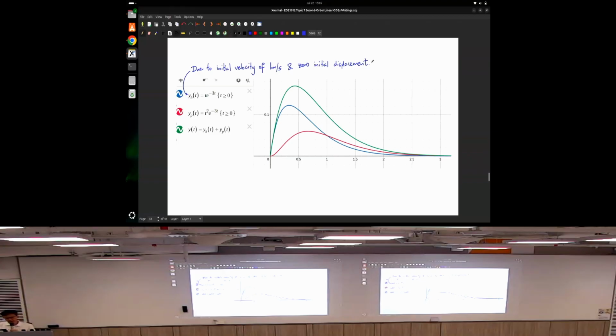So therefore, you can see that this expression must bounce out from 0 because you have 0 initial displacement. And the initial velocity of 1 meters per second is actually the slope. If you compute the slope here, it will be 1 meters per second. So therefore, it bounces up. And notice that your system is critically damped.